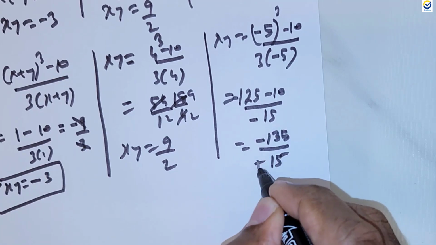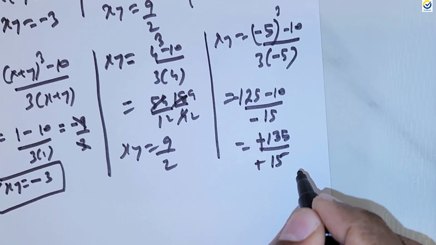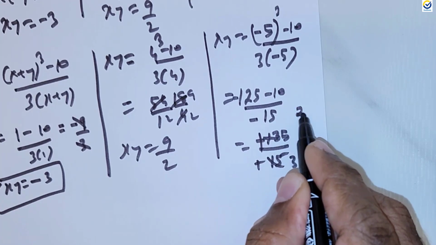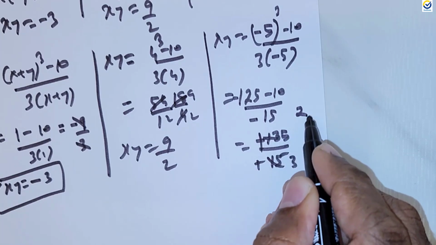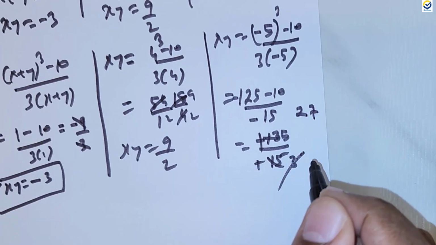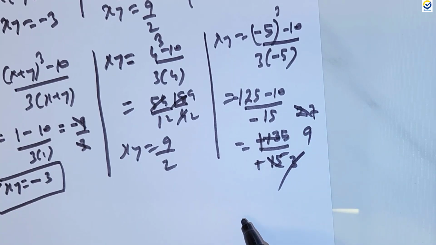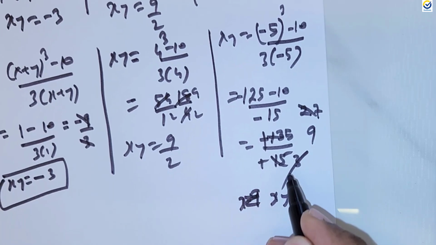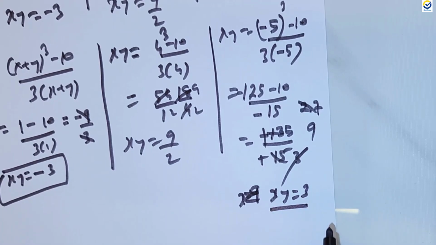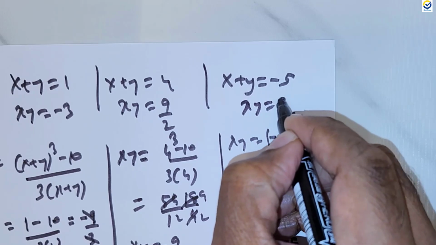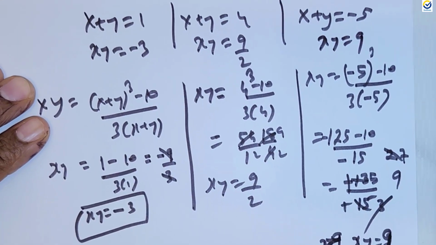It's negative over negative, so it becomes positive. 5 divides here 3 times, 3 divides here 9 times. So I get xy is equal to 9. So these are the products of the roots.